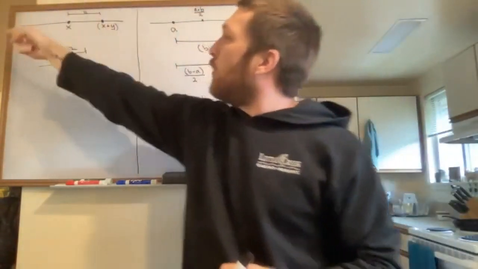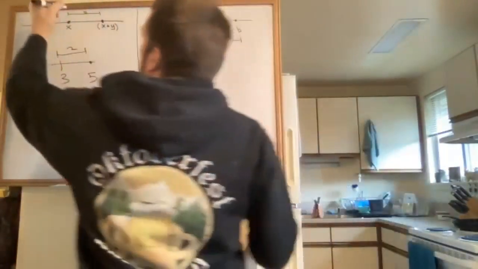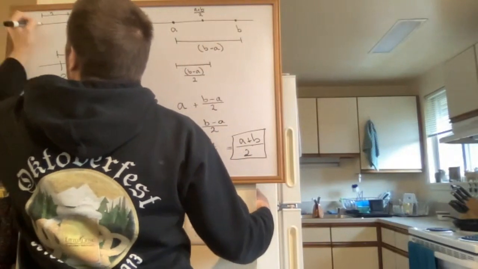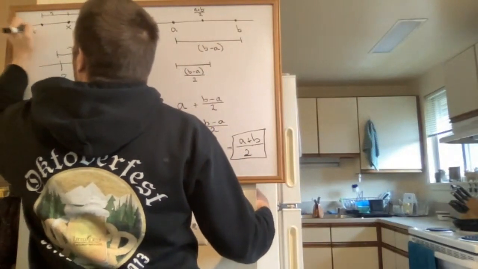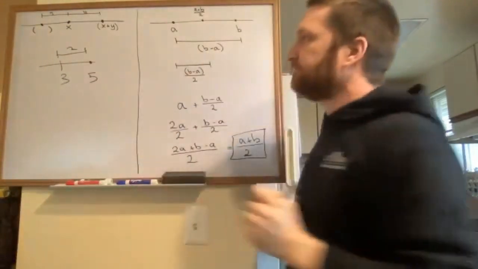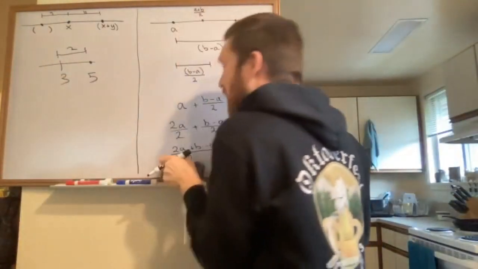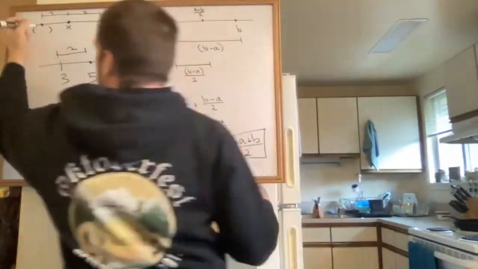So how do we get y units in that direction? We want to go y units that way. It brings us to another point. What would that point be? X minus y. There you go.